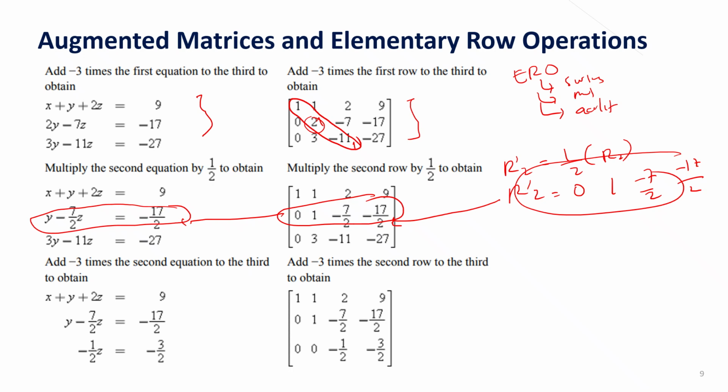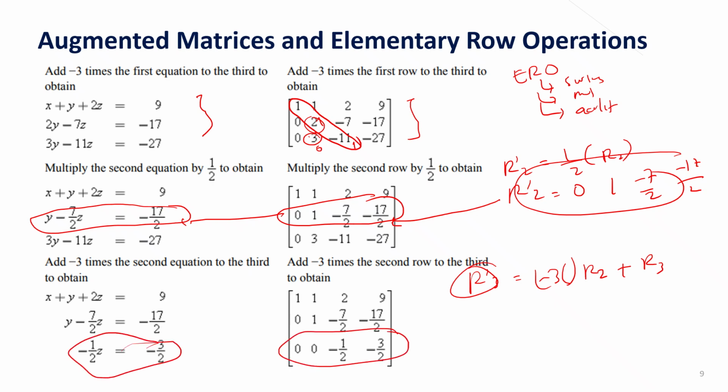Then what's next? Make this one become 0. How do you do that? Here you see this one is already 1, so the new row 3 will be equal to minus 3 times row 2 plus the original row 3. Then you get this.